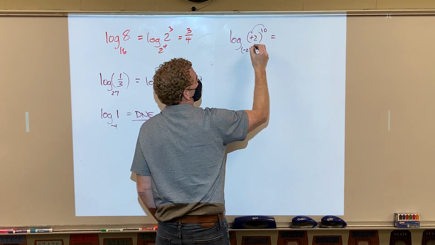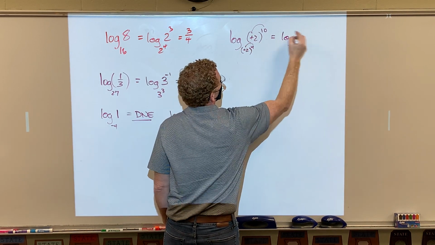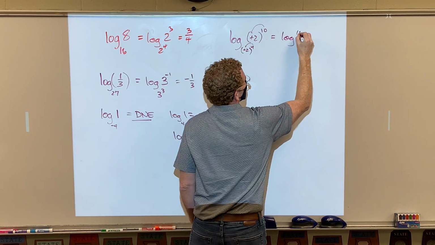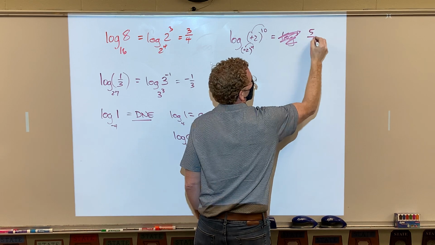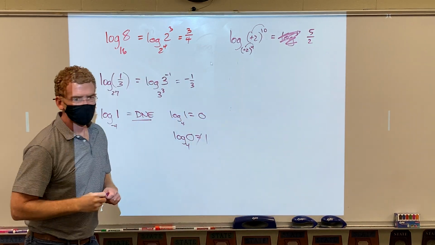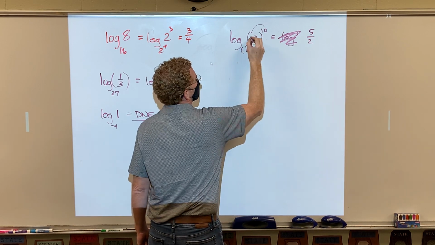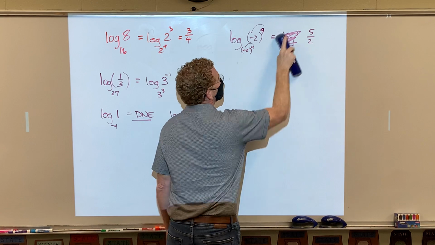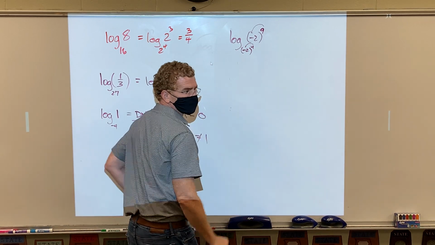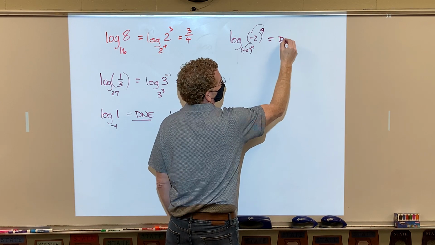That's going to change that to a plus. That 4 is going to change it to a plus. So you end up getting 10/4, which is 5/2. But be careful. What happens if they're negative and one of these is odd? Then it's D and E, because that's going to remain a negative number. You can't log a negative number.